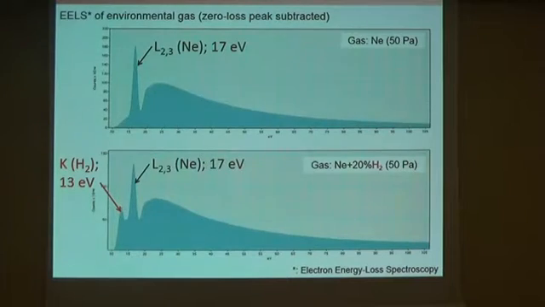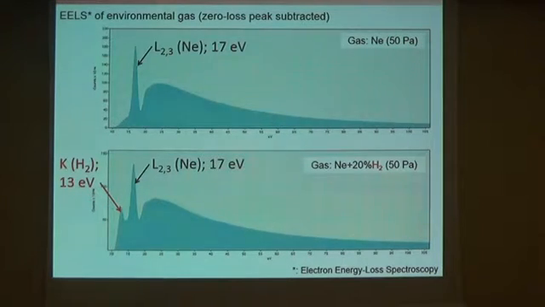And this is an example of the electron energy loss spectrum of gas. Here, the pure neon 50 pascal, and helium with a slight amount of hydrogen. And when we compare these diagrams, we can clearly see the characteristic peak of hydrogen at 13 electron volts.